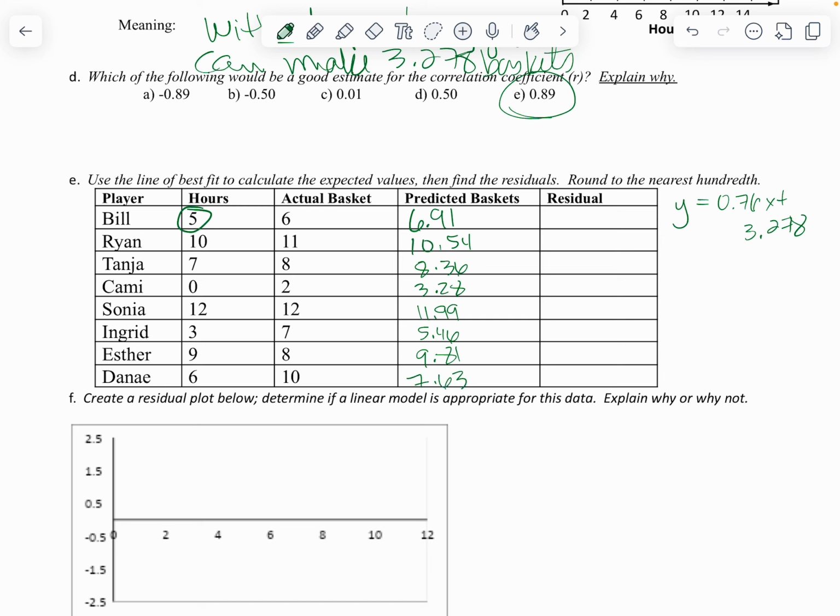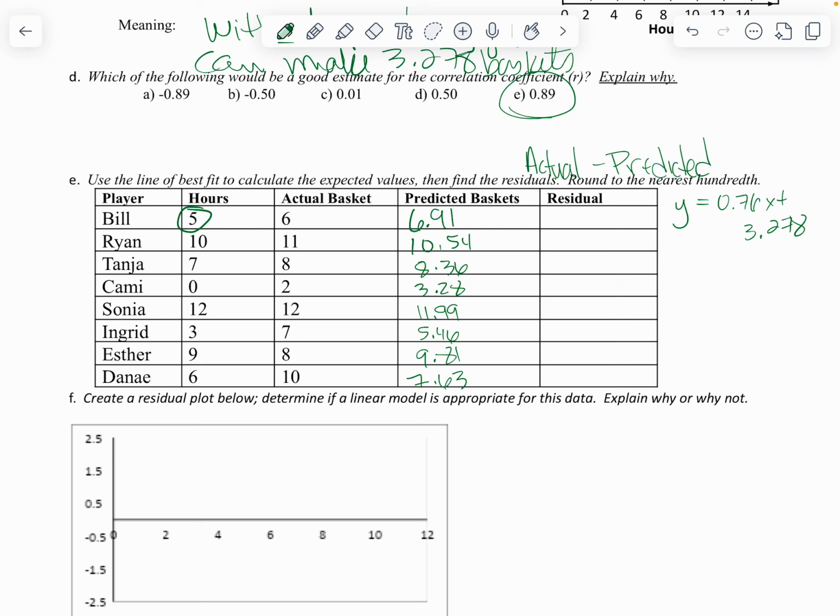So then the residual: in order to find the residual, you take the actual and you subtract the predicted. So I'm going to subtract them.